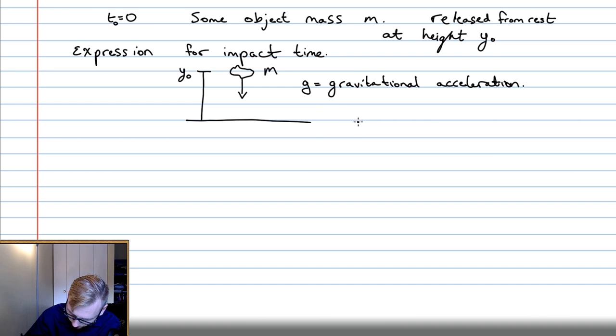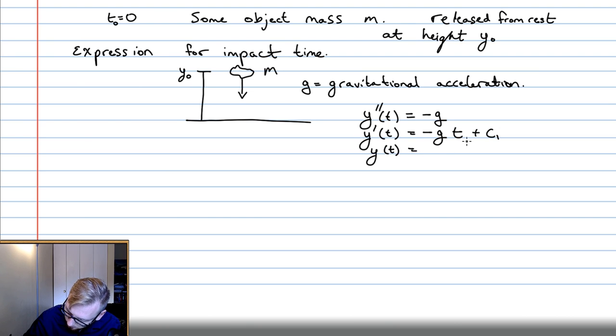We have our differential equation, which we started with before. So we've got y double prime of t equals what? Negative g. Yep. And we're going to do just like before: we integrate to get y prime equals negative g times t plus c1, and integrate again. So y of t equals negative g t squared over 2 plus c1 t plus c2.